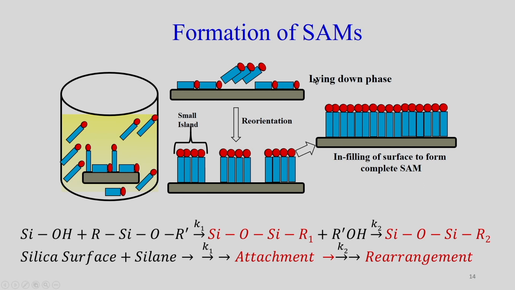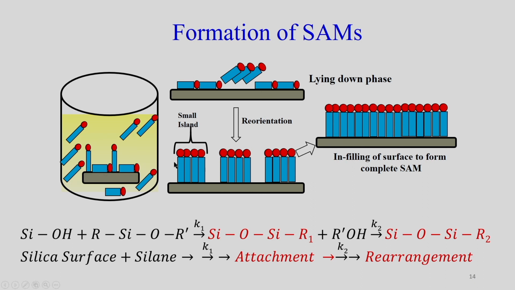Initially they will be randomly organized on the surface, in the lying down phase. Then they will try to form small patches or small islands. Then with time there will be infilling and formation of a complete SAM.